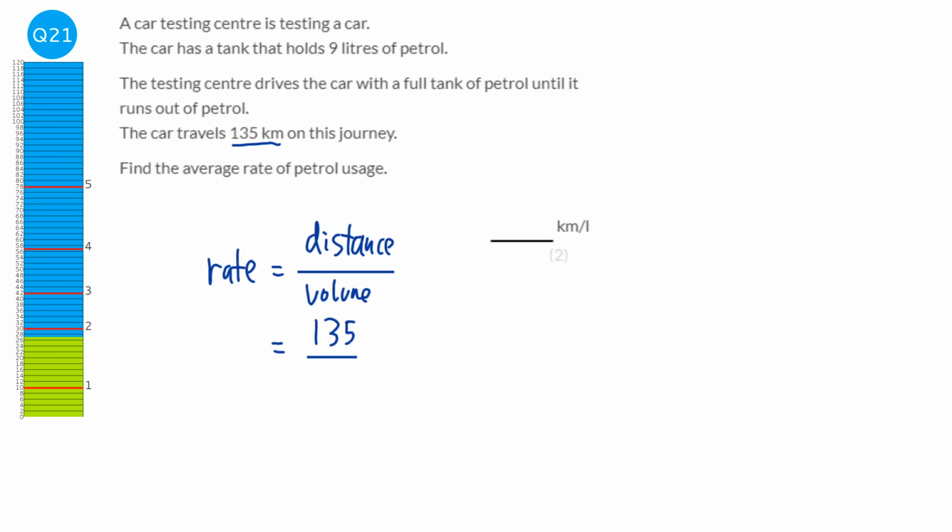The volume of the fuel used was 9 litres. We do 135 divided by 9, which is 15. This was in kilometres, and this was in litres, so it's going to be 15 kilometres per litre.